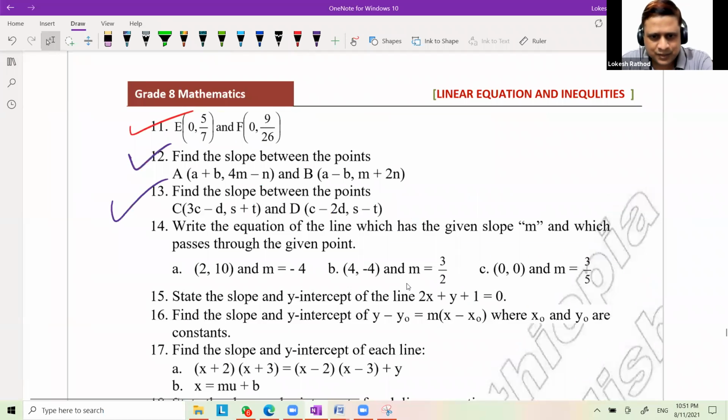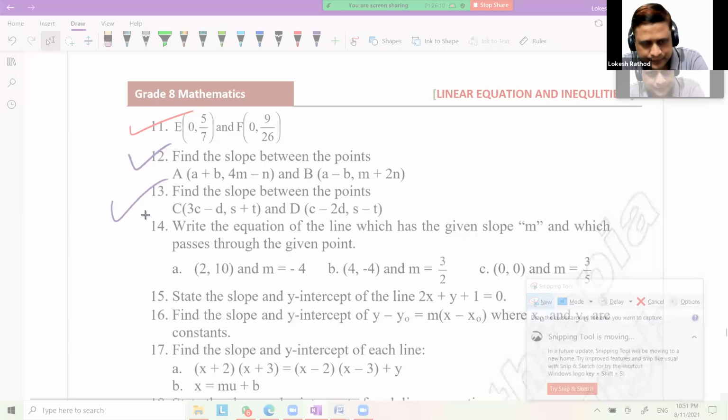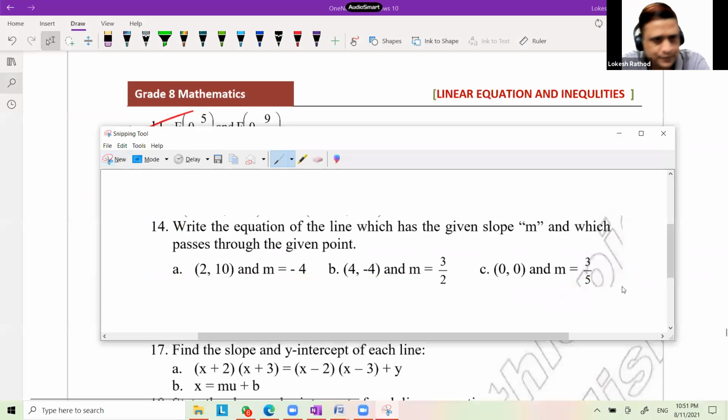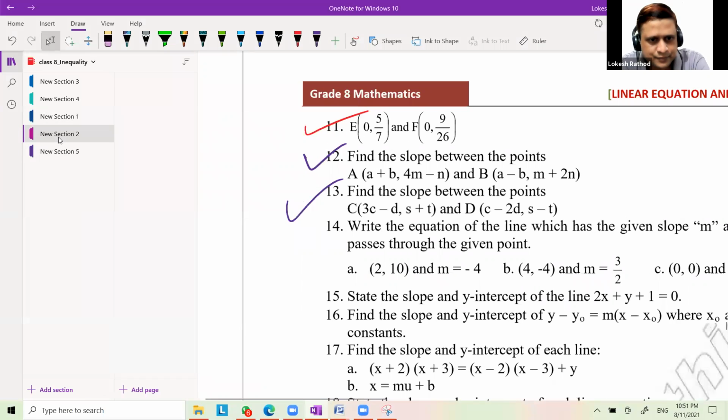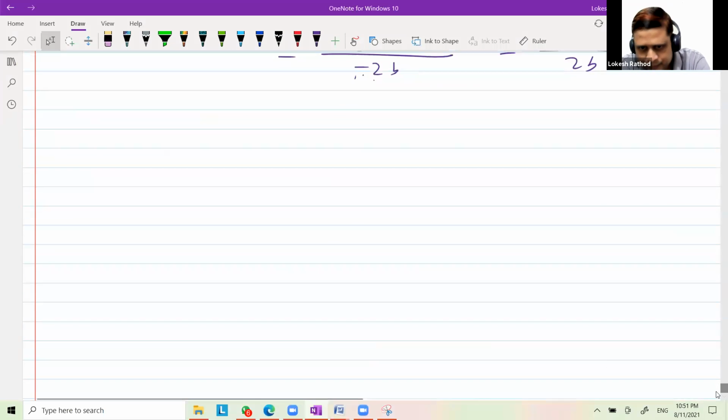Now, write the equation of a line which has a given slope and which passes through a given point. The line has this slope and it passes through the given point. Fine. So for that, what do we use? Let's see here.